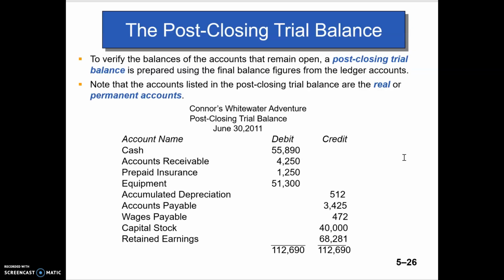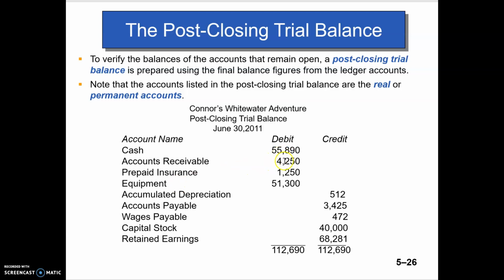Okay, so after we have made all of the closing entries, we would post to the general ledger. After we do posting, we have to do a trial balance. So this is our last trial balance. And so on our trial balance, right, it's the after closing, the post-closing trial balance. Think about it. We didn't use any of the assets in the closing entries.